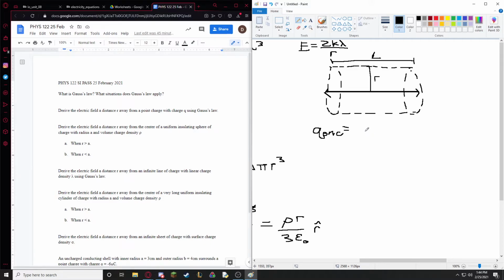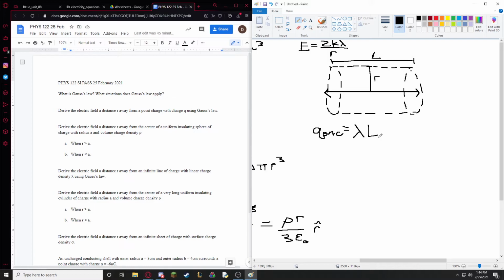Exactly. So our charge density, lambda, is a charge per unit length. And how much of our infinite line of charge is enclosed inside our cylinder? L. Exactly. A length L of our infinite line of charge is enclosed inside our cylinder. So the Q enclosed is lambda times L.